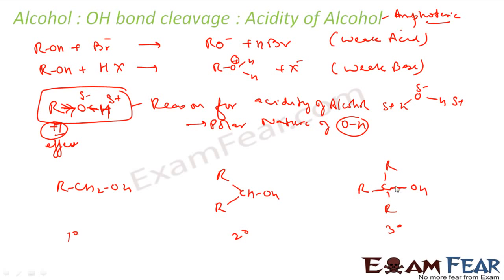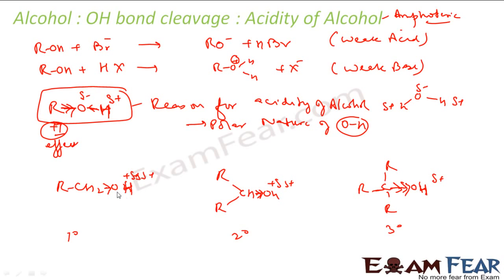So this R3 can supply more and more electrons to this oxygen because of plus I effect. This can supply a little less, and this can supply a little less. So this oxygen is very, very happy. Since this oxygen is very happy, there will be very little charge developed here, let's suppose. A little bit more charge developed here. Here it will be all the more charge.